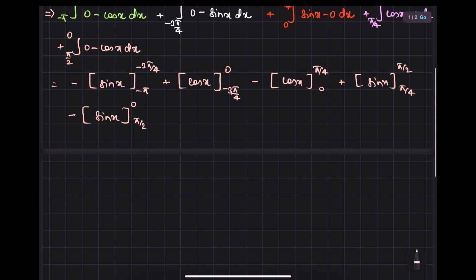Okay, now let's substitute the values. So minus, you know that sine of minus theta is minus sine theta. So can I write minus of sine 3 pi by 4, and then you will put minus, and then again you will be writing sine of minus pi. So minus will come outside.